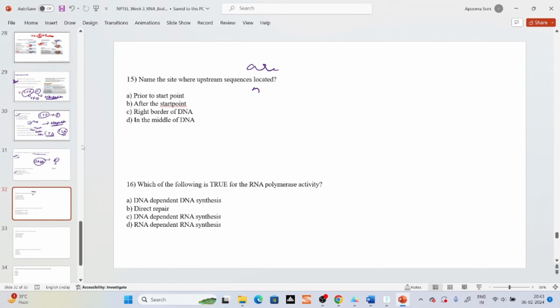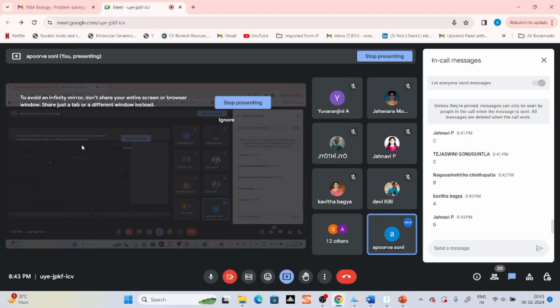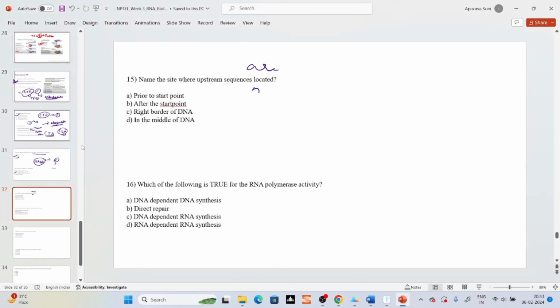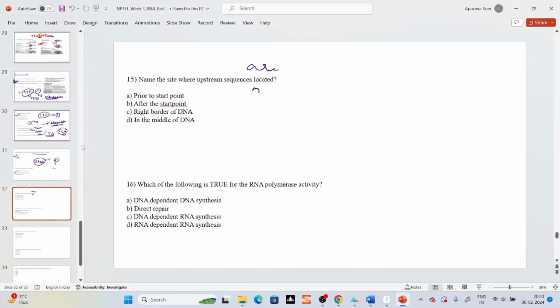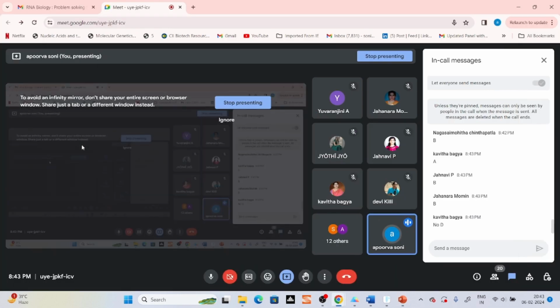Kavita has said A, Janvi has also said A. Okay. Someone has said B, which is after the start point. Jahanara is also saying B. Any other answers? Kavita is saying D, which is in the middle of the DNA. Okay, fine.